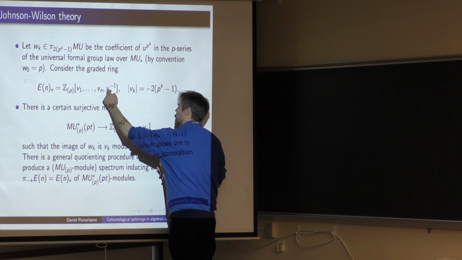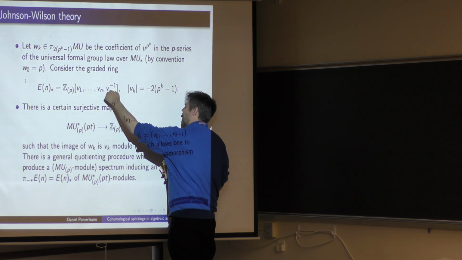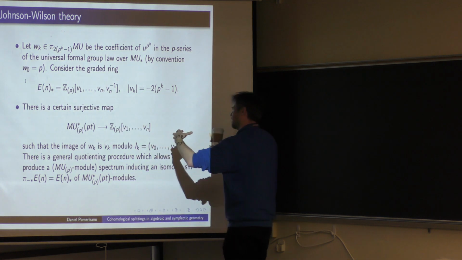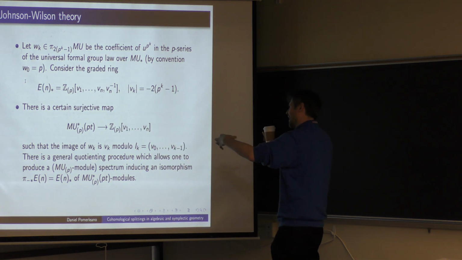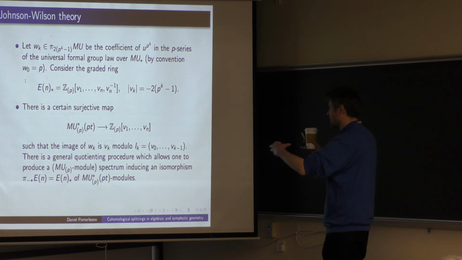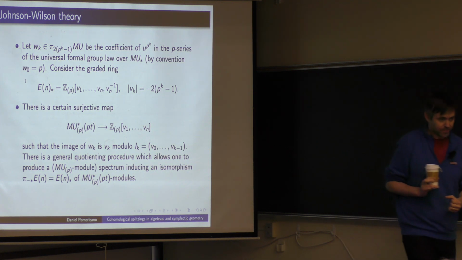These variables are periodic, so you have a graded ring. If you go up to Vn minus 1, you have an ideal you can complete at, and that would be one choice of so-called Morava E theory.